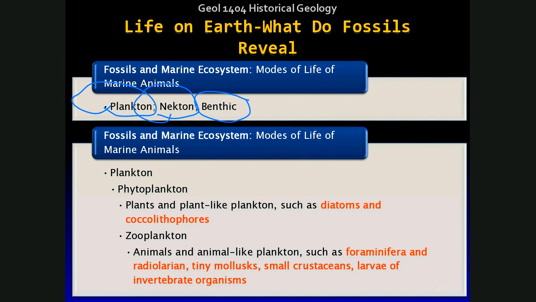So the benthic organisms tend to live at or near the ocean floor. Planktons are floaters. Some are plant-like organisms which photosynthesize, including diatoms and coccolithophores, or some are animal-like planktons: foraminifera, radiolarians, tiny mollusks, and small crustaceans are good examples of animal-like floaters.